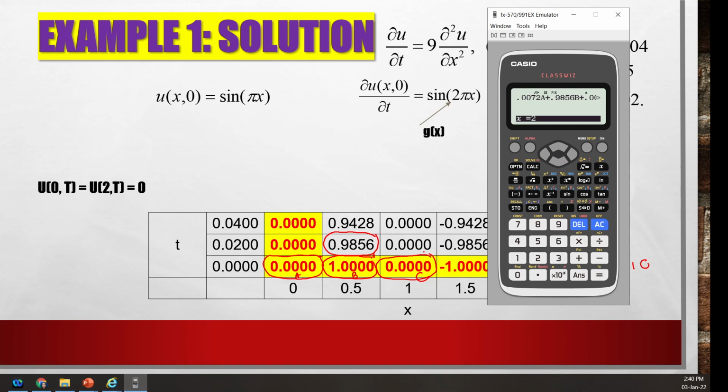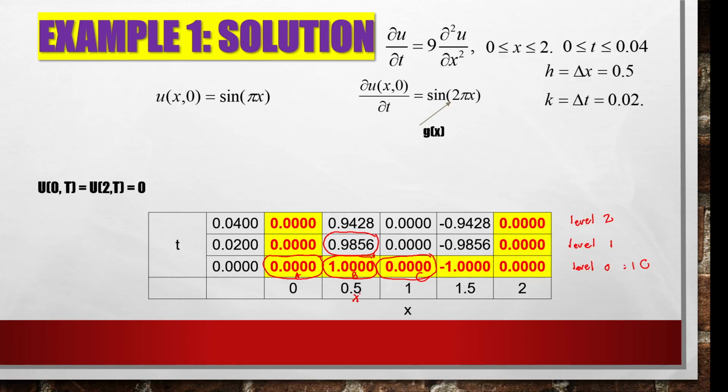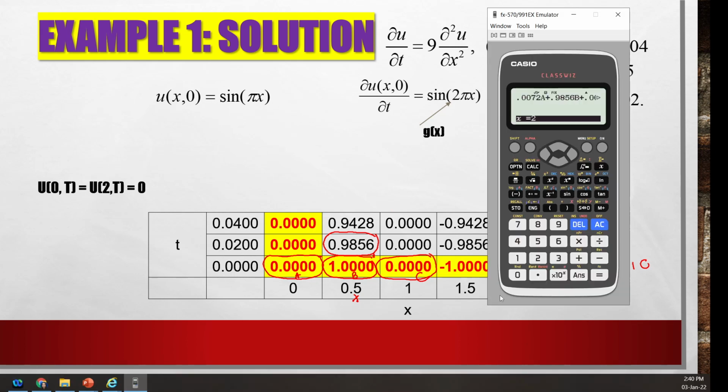X is from where you target. You want to calculate 0.9856, you target at here, so X is here, 0.5. Then you input X as 0.5 and get 0.9856.